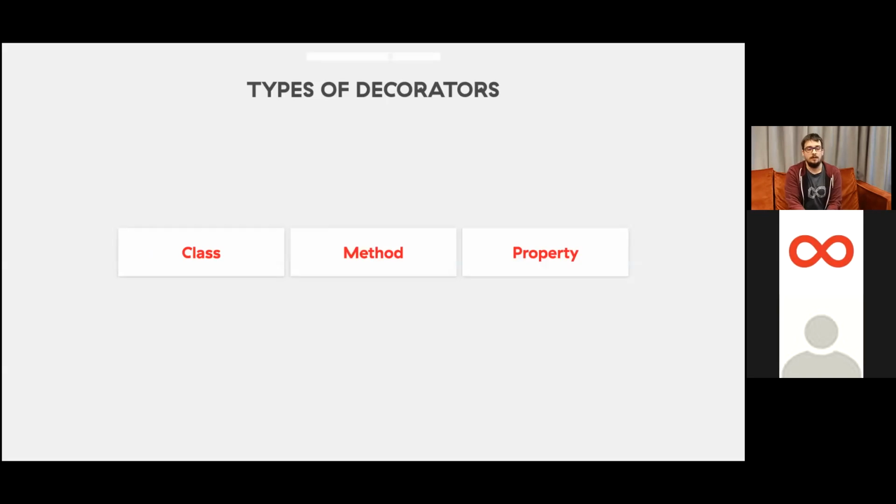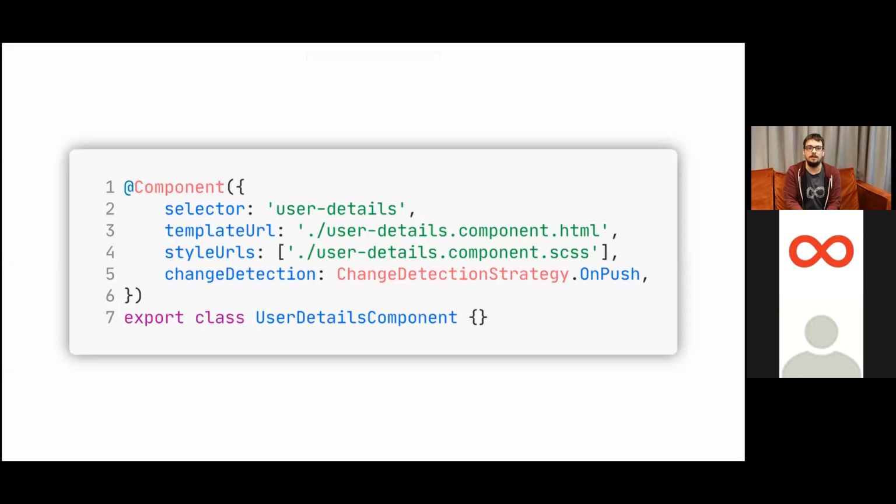So there are basically three types of decorators: class, method, and property decorators. They're all used to either add some metadata or to tweak the functionality and behavior of the things that they are decorating. So for example, in Angular, we use decorators a lot. And one example of a decorator is when you have your component.